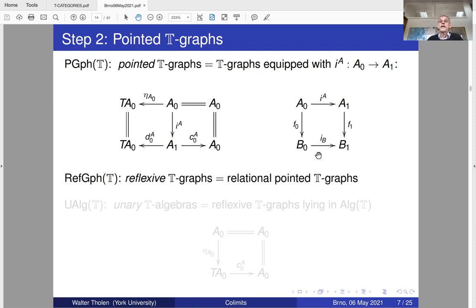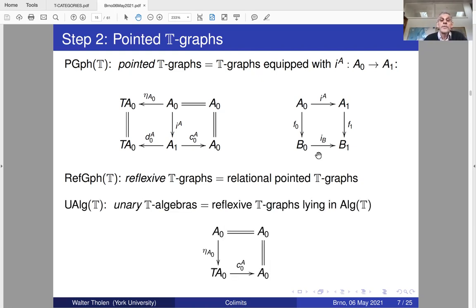If you play the same game as before and restrict yourself to relational pointed T-graphs, then I call them reflexive. And if you go one step further and even insist that the domain morphism is an identity, then you force this insertion of identities to be the unit of the monad, and I will then have just what we would call unary T-algebras.